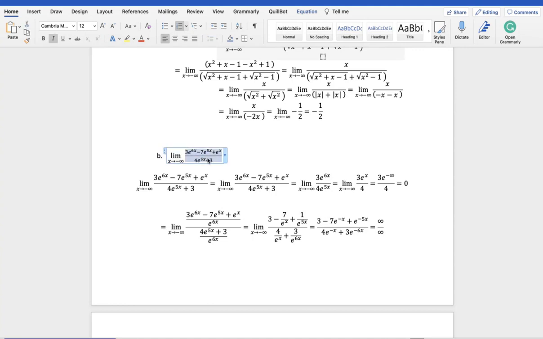So try to sketch this function and look at what happens as x tends to infinity. If it gets closer and closer to 0, then you know we did the right thing. That's another method you can use to figure out if what we did is correct. Okay.